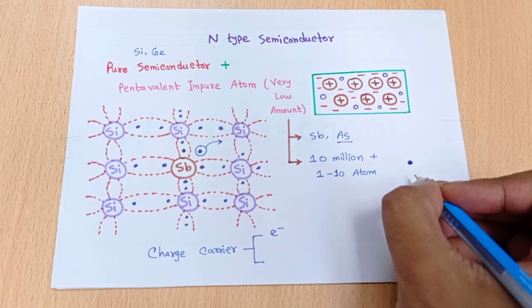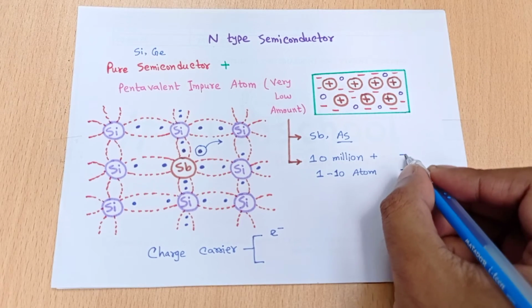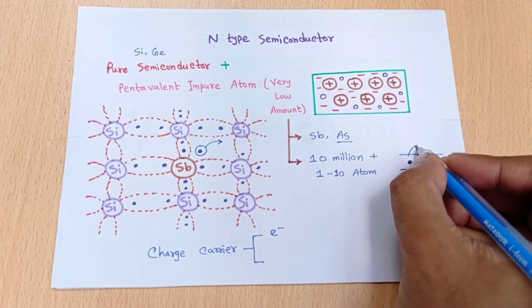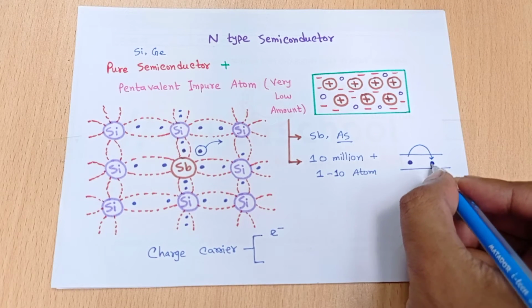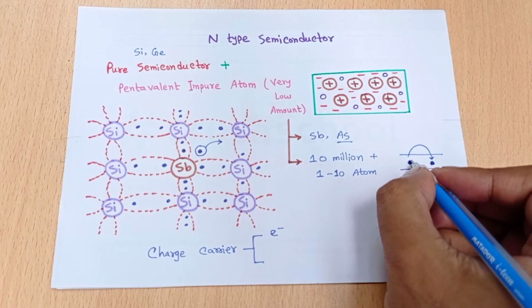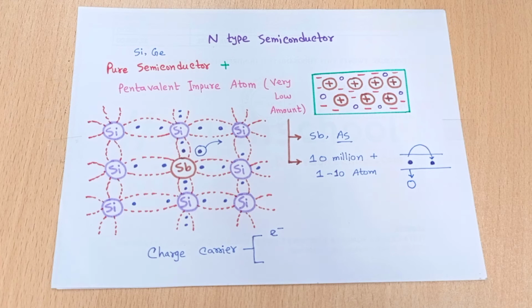Suppose this is the electron, and there is a long path for the flowing of electrons. When this electron jumps to this position, the electron is set in the new position. But at that time this place also creates a vacancy of electron. This type of vacancy is called a hole.